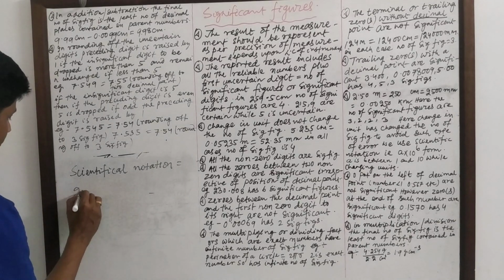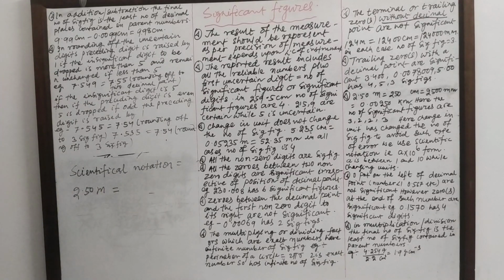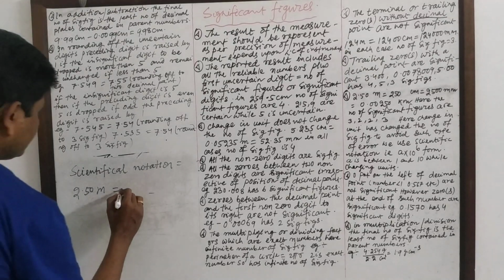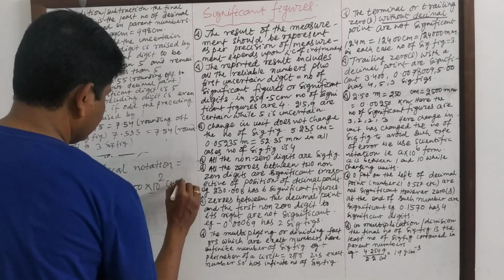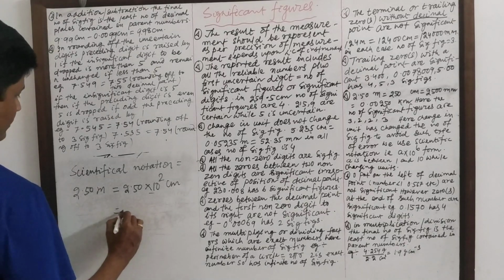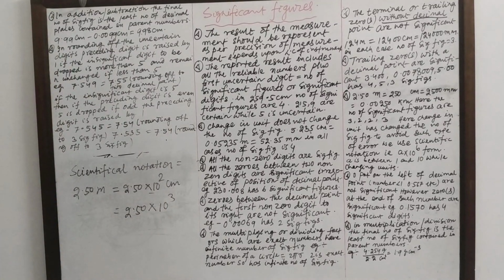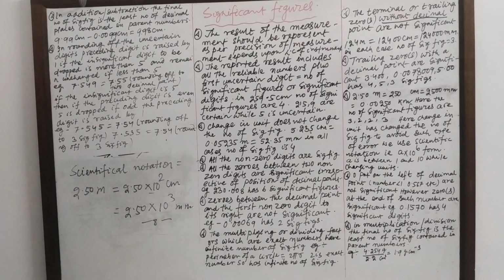That is, if we want to convert 2.50 meter into cm, then we have to write it like this: 2.50 into 10 to the power 2 cm, or equal to 2.50 into 10 to the power 3 mm.